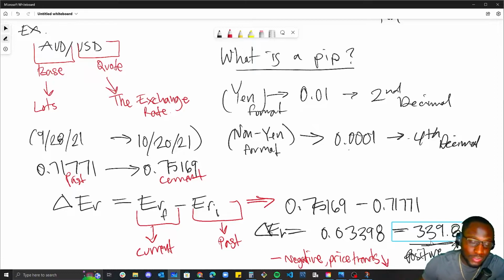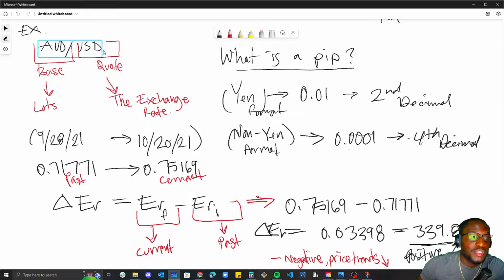The sign also determines the direction. So these are just fundamental things that you need to know to get you started trading. We're going to go a little bit more in depth on lots later on, and this will make sense.